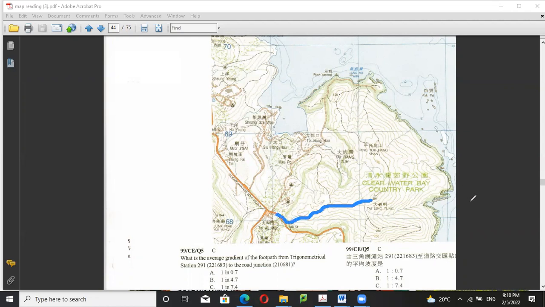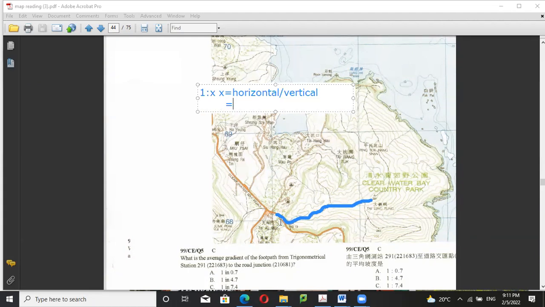Then you can find out that the vertical difference, which is 1 to x again, x equals horizontal over vertical. The vertical equals 200, 180, 160, 140, which is around 140.